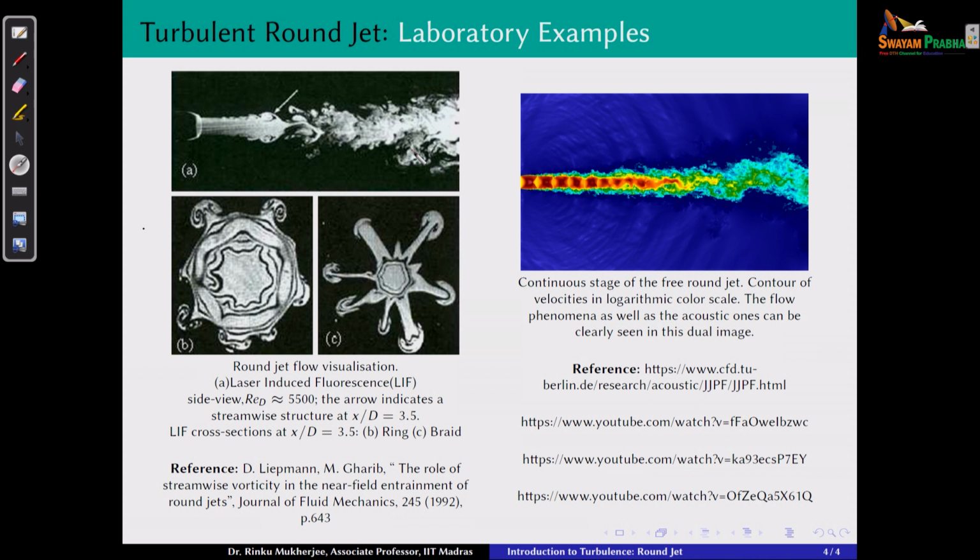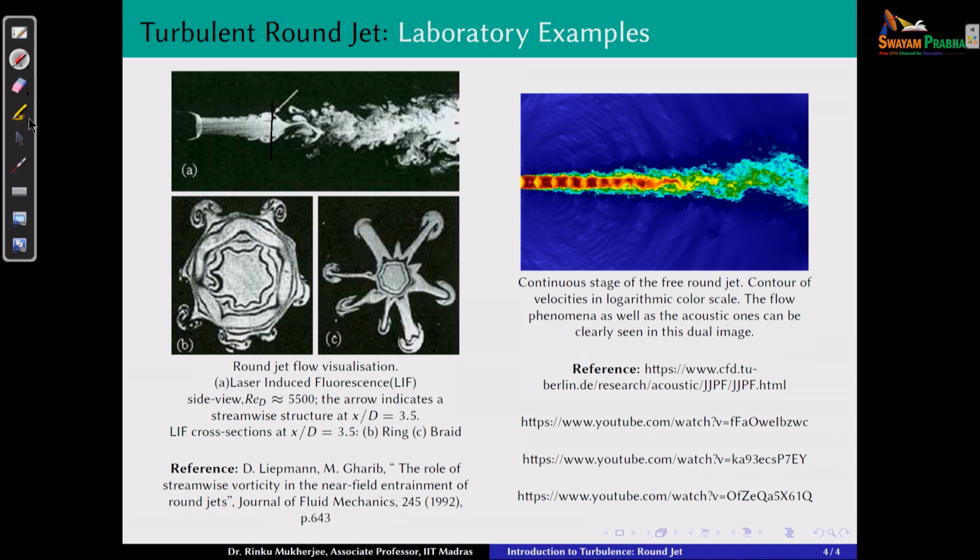Now, this is a flow visualization using laser induced fluorescence, right? And this is the side view of that. Okay, the Reynolds number based on diameter, so along this axis will be your diameter, is around 5,500. Okay, and this region, where the arrow is, that's the region that we are looking at.